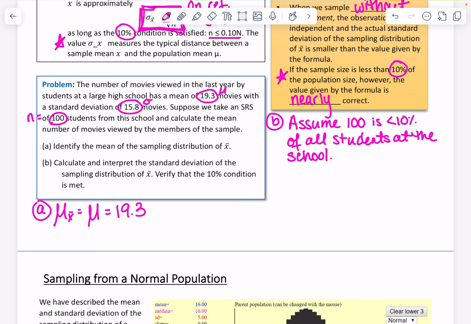Now let's find the standard deviation for X bar. It's the old standard deviation over the square root of our sample size. So our old standard deviation, 15.8, over the square root of 100. The square root of 100 is 10, so 15.8 divided by 10 is 1.58.